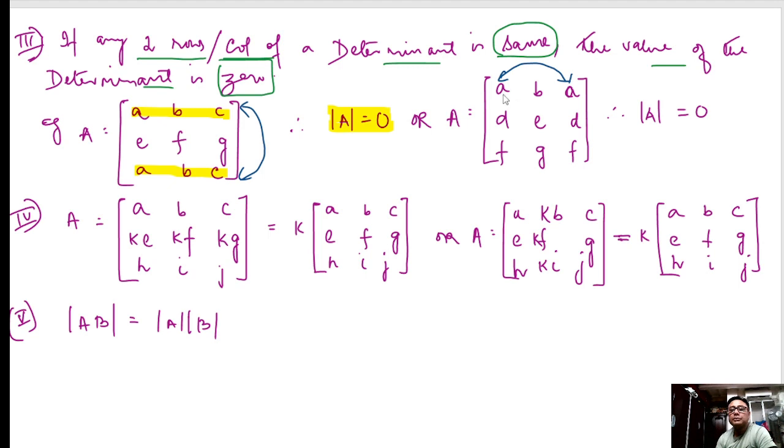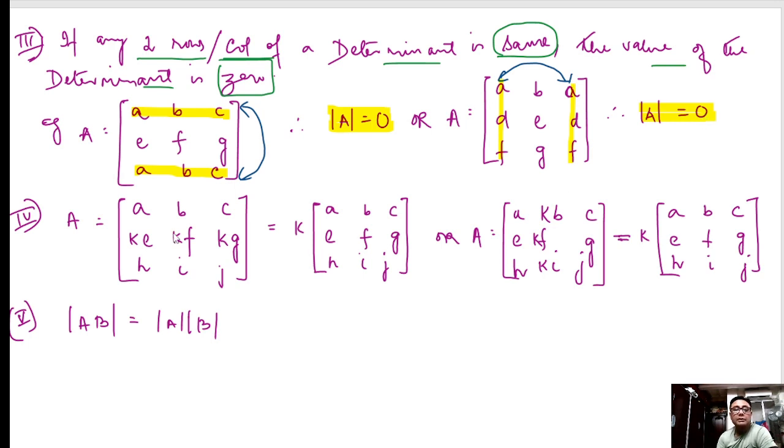Or suppose this column and this column are the same, the value will be 0. So if any two rows or columns of a determinant are the same, the value of the determinant will be 0. Clear?